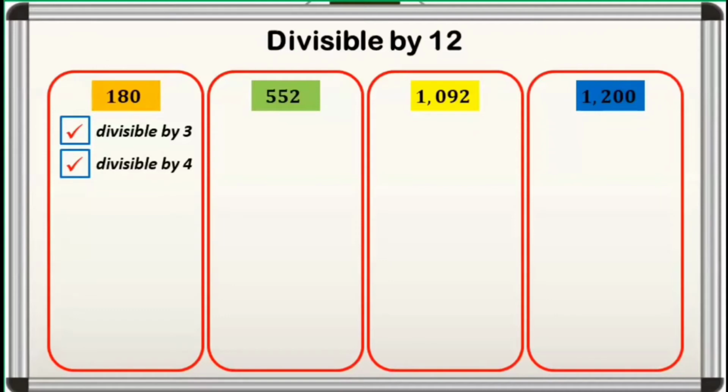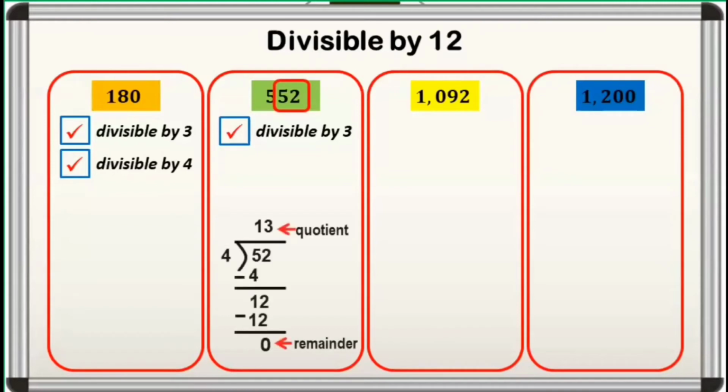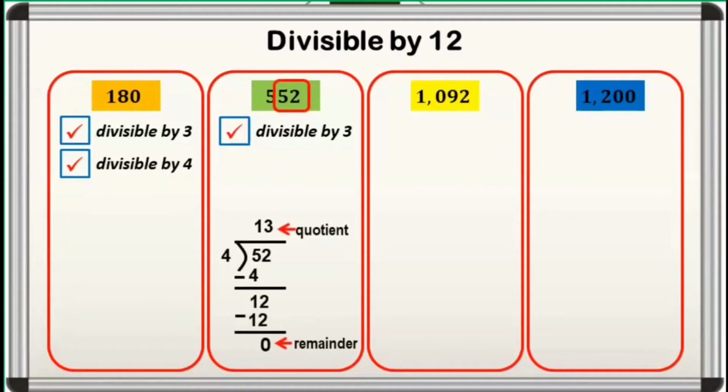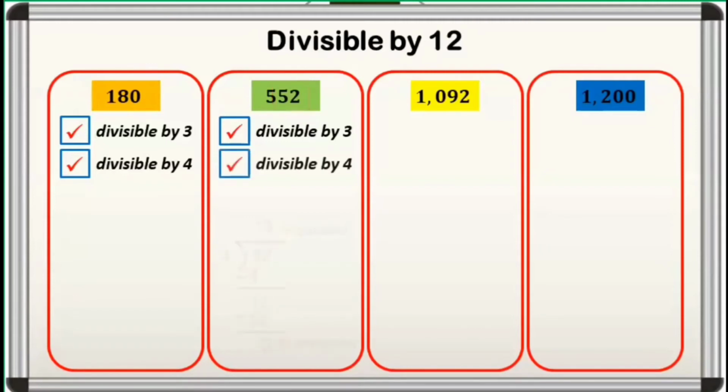For the number 552, the sum of its digits is 12. So, the given number must be divisible by 3. Also, the number formed by its last two digits is 52. Dividing by 4 gives a remainder 0. So, it is divisible by 4. So, the given number must also be divisible by 4.